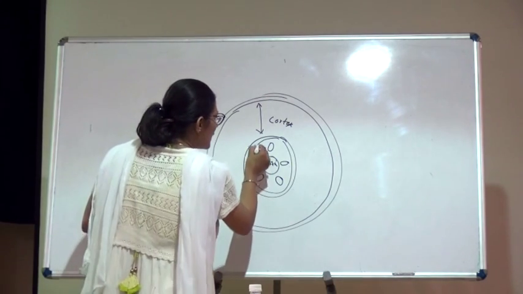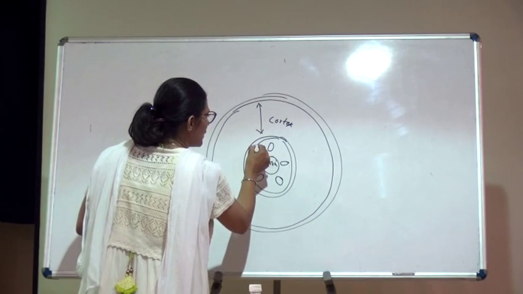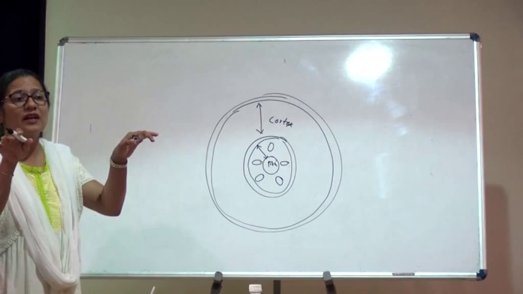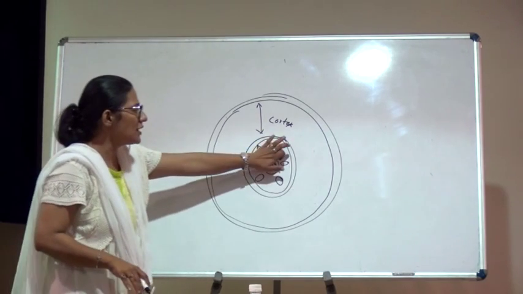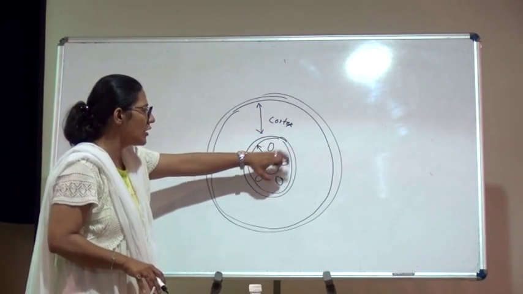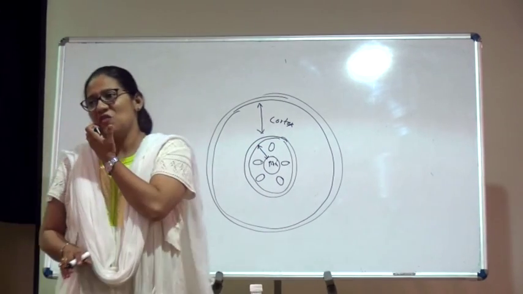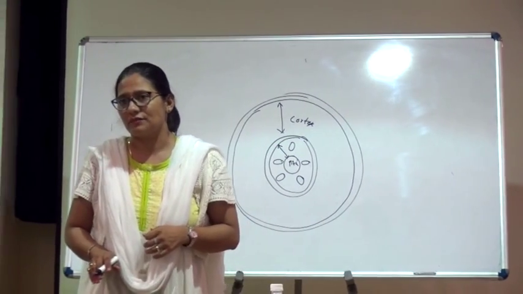So this region is the stelar region. When pith is absent in lower groups of plants, the whole region inside the pericycle is known as stelar region.